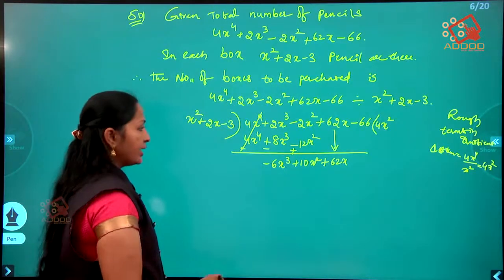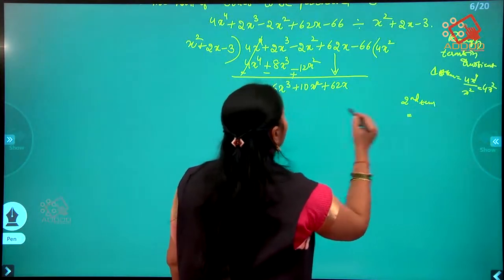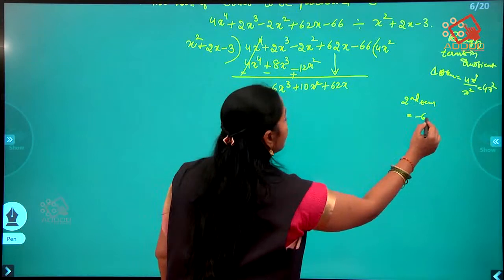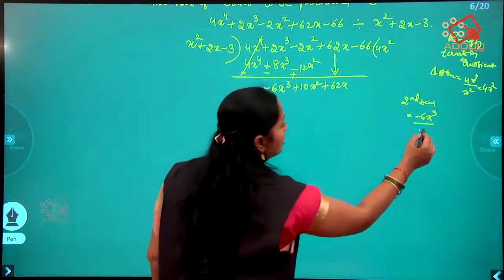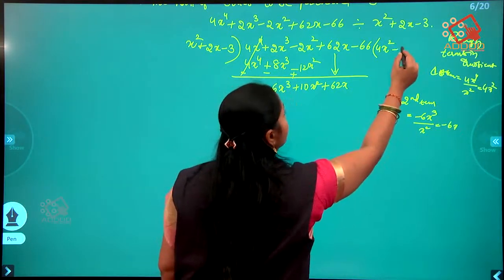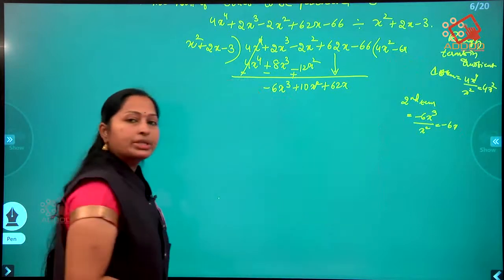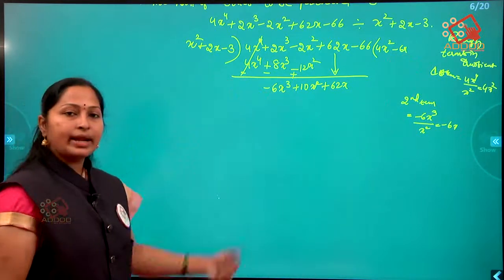Now we want the second term in the quotient. Here the highest power term is minus 6x cube divided by x square. So it is minus 6x. Write the second term in the quotient as minus 6x. Now multiply the divisor with minus 6x and write here.